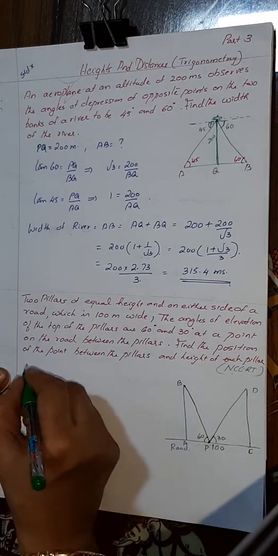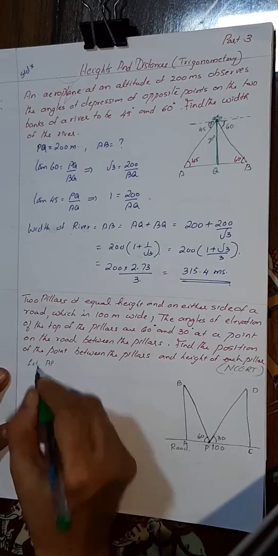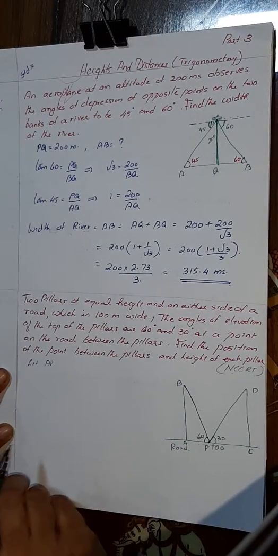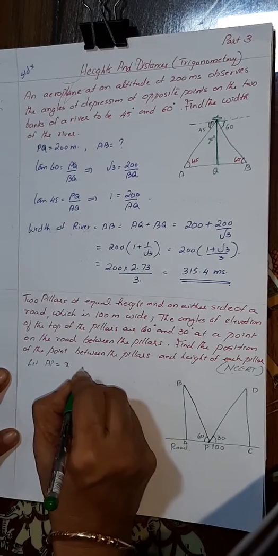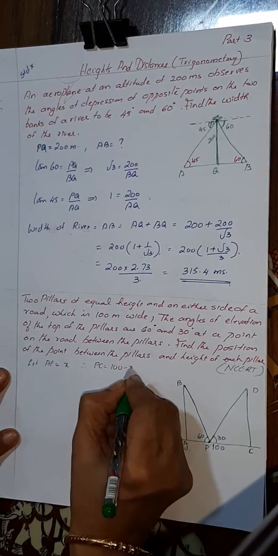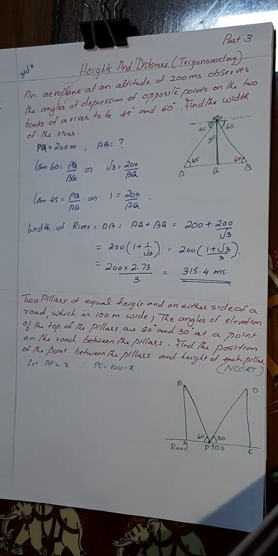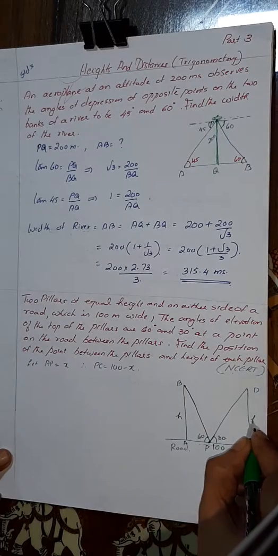So let AP equal to, we know the total distance is 100. So let AP equal to x. Therefore PC is equal to 100 minus x meters. So now let this be h.